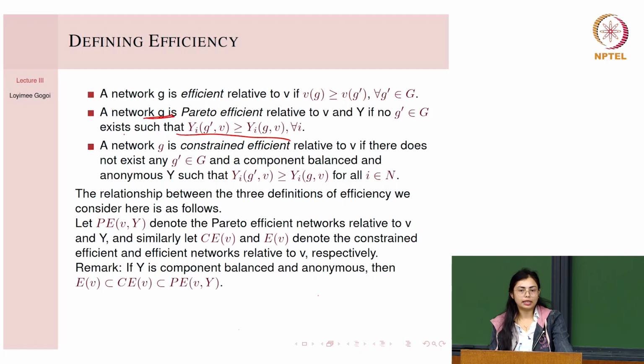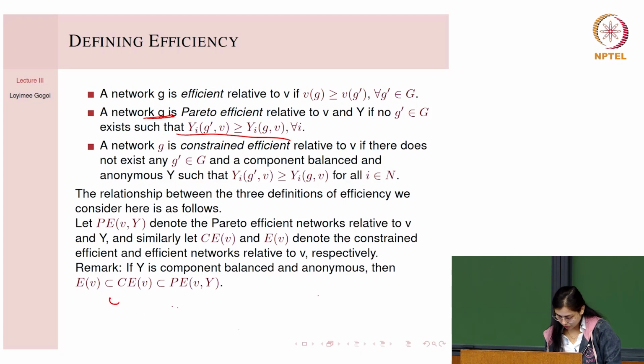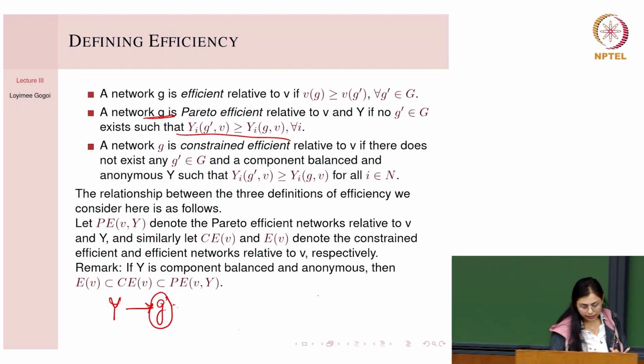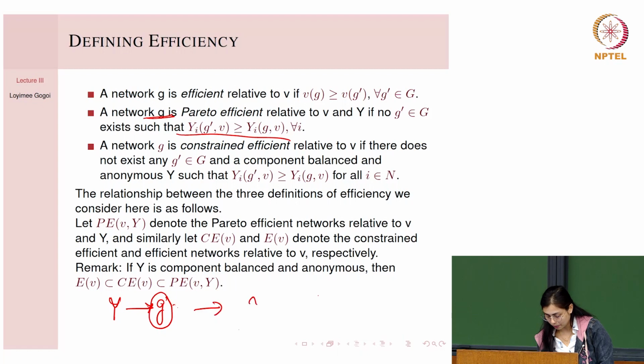Suppose Z is a network and there is an allocation rule Y on G. Then the allocation rule Y on Z should be greater than the allocation under the same rule for any Z prime.